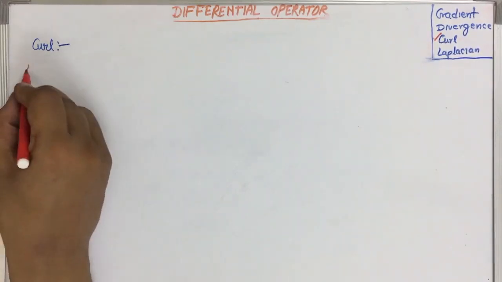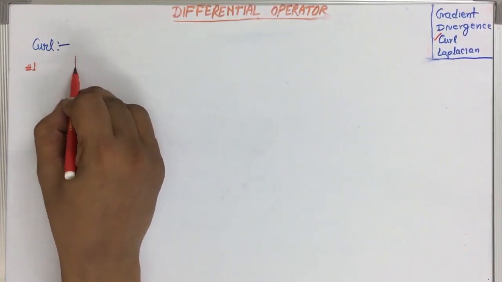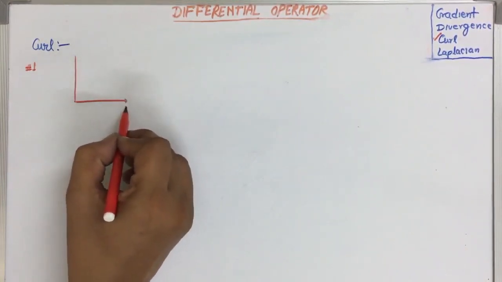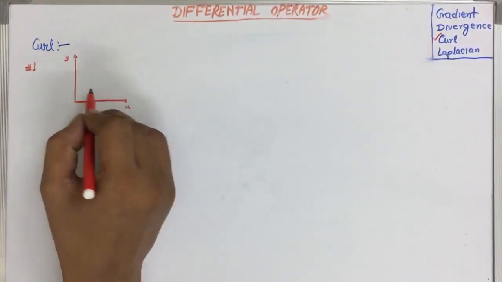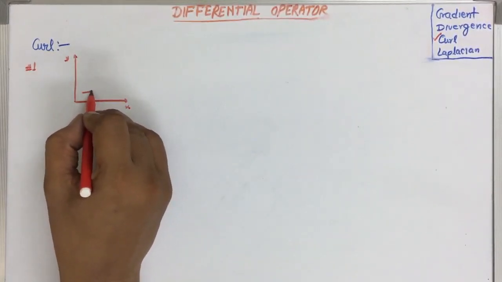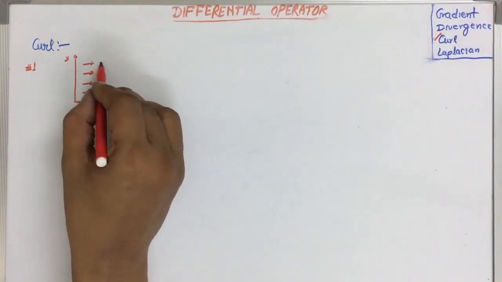Consider an example where the coordinates are x and y and the field is changing in these coordinates only. This is the field.